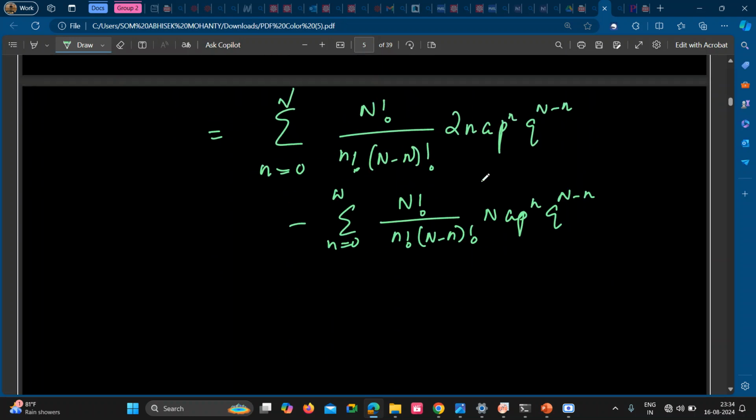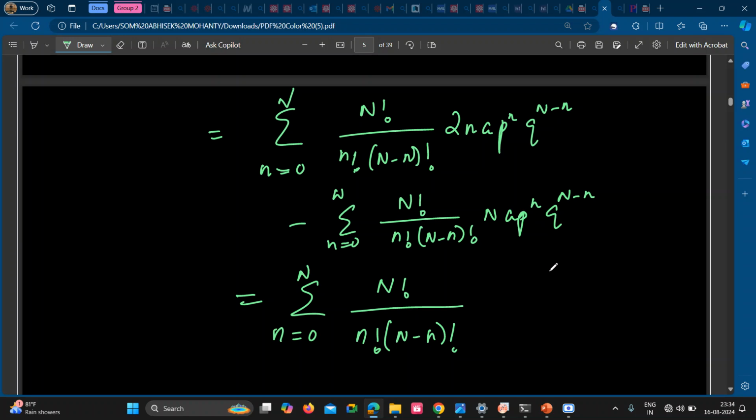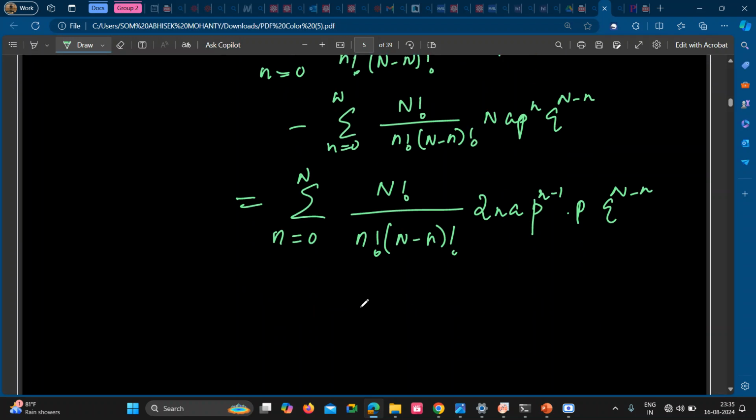I can do some manipulation here. Summation n is equal to 0 to N, N factorial by n factorial, N minus n factorial, n a p to the power n minus 1 into p, q to the power N minus n, minus this whole thing.